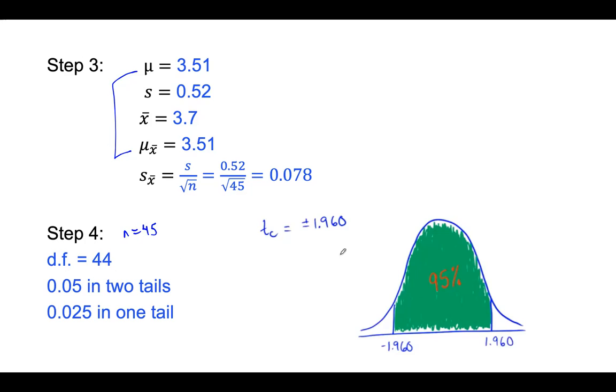Because the question literally tells us, 95% is in the center. So this means 0.025 in one tail and 0.025 in the other tail. We can, again, look this up. We can find this critical value.